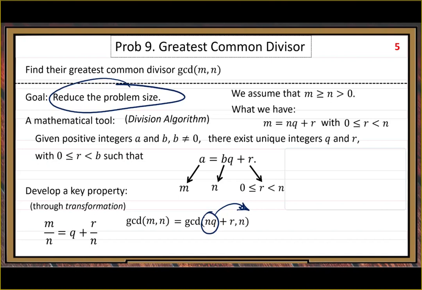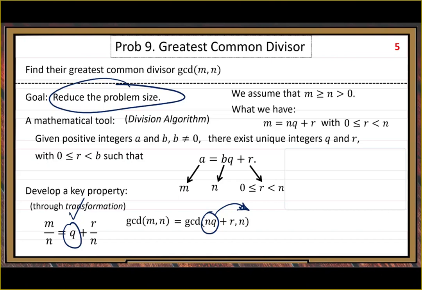From this one, you can see there is an integer part q plus the remaining fraction part, r over n, but whatever that q number is, it won't impact the fraction part, right? When you look at the divisor of numerator and denominator, this integer part never impacts the common divisor.